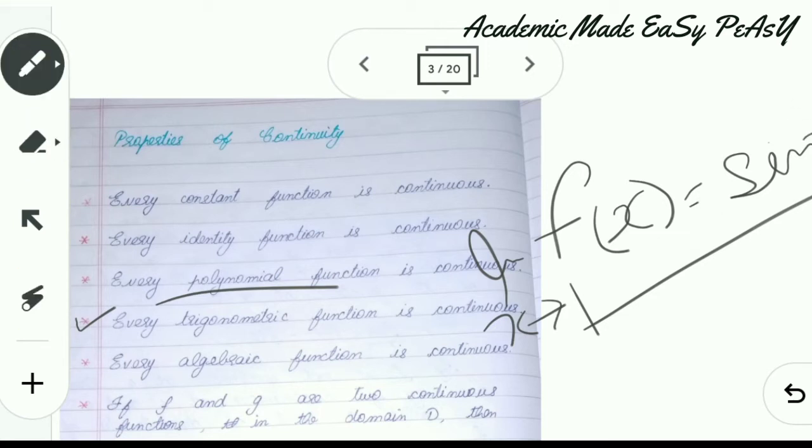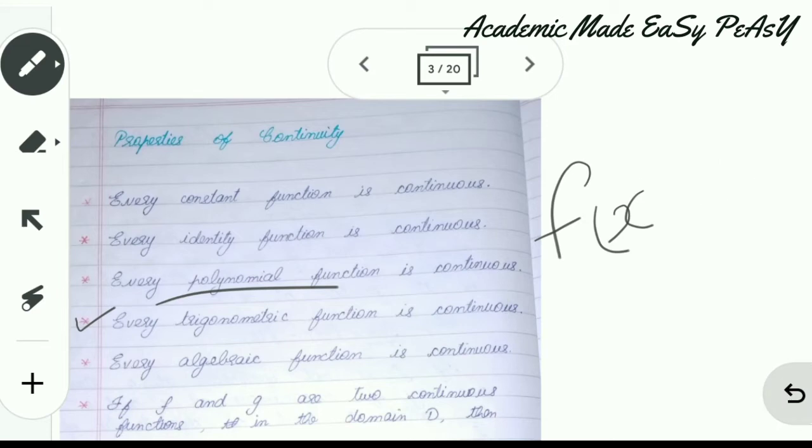So if limit x tends to 1, f of x is equal to sin x. So this will be the trigonometric function and this is continuous. It is already proven. Then every algebraic function is continuous. So they are saying that every algebraic function is continuous.